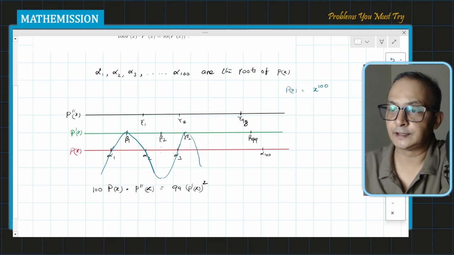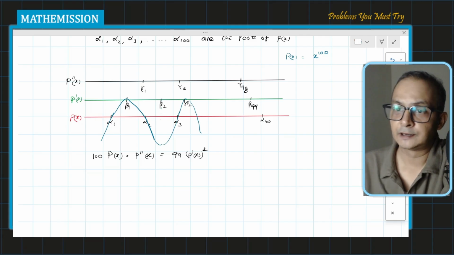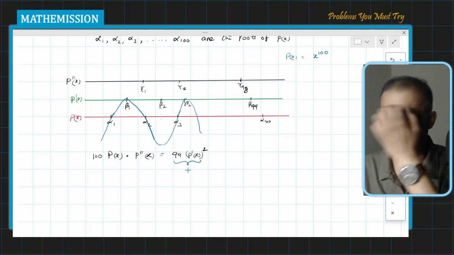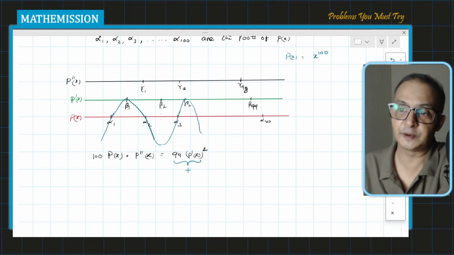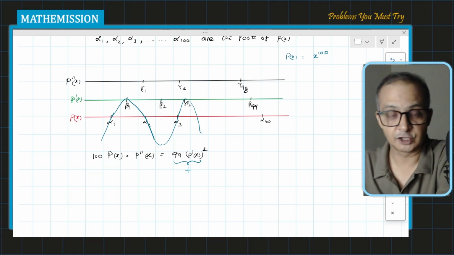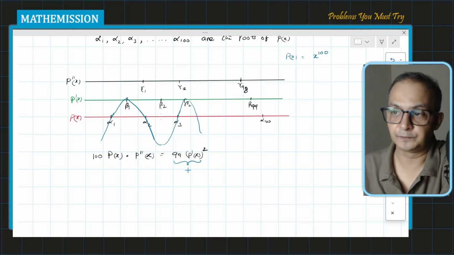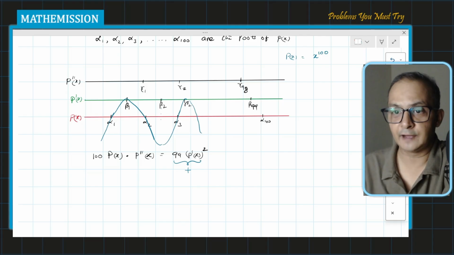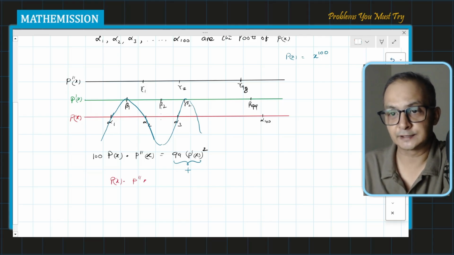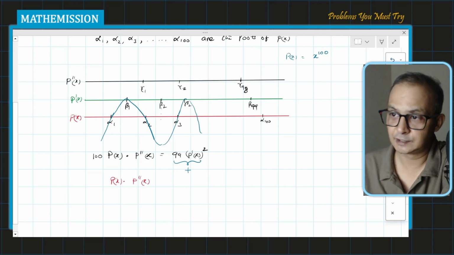Now notice one thing here, that this value is positive for any x value actually, because p dash x can be negative or positive, but you are squaring it, so it will become positive. It means now we have p(x) times p double dash x obliged to be positive.